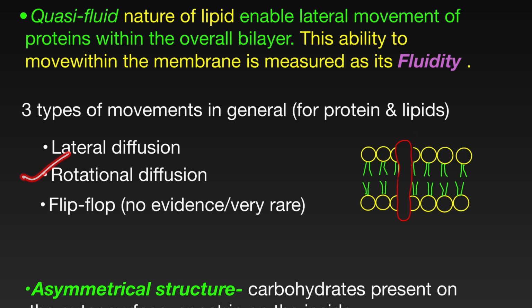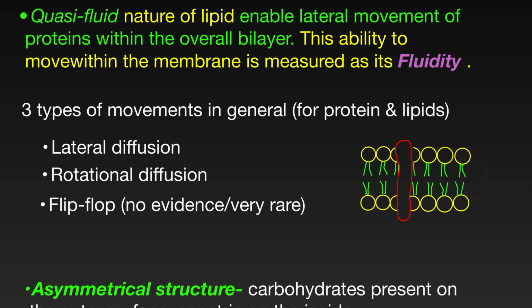In rotational diffusion, this lipid molecule rotates along its axis. Now, both these movements are rapid and very frequent. The flip-flop movement is extremely rare, where one phospholipid molecule moves from one monolayer to the second monolayer, and this is energetically unfavorable.